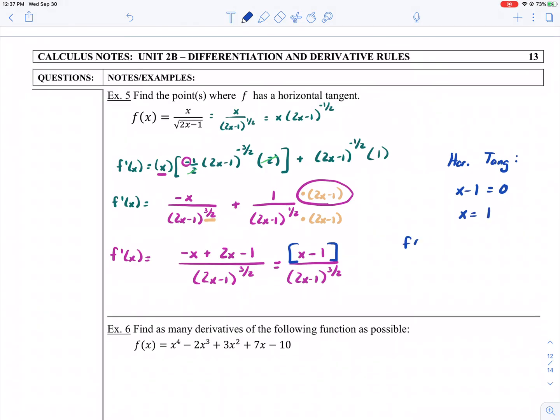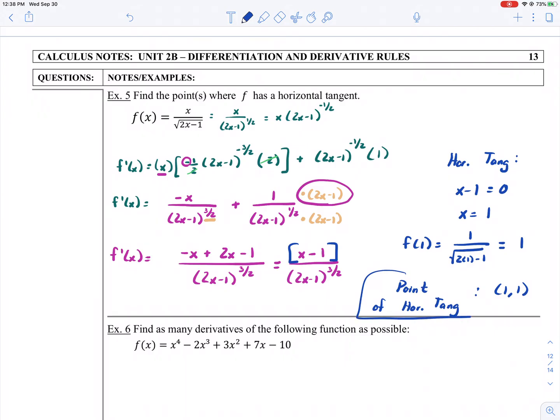But to find the point, I'm going to have to plug that 1 in, right? So I'm going to do 2 times 1. I'm just trying to show you all of these steps. You're going to plug that 1 into the original function, so you end up with 1 there. So the point of horizontal tangency, right, is going to be 1, 1.